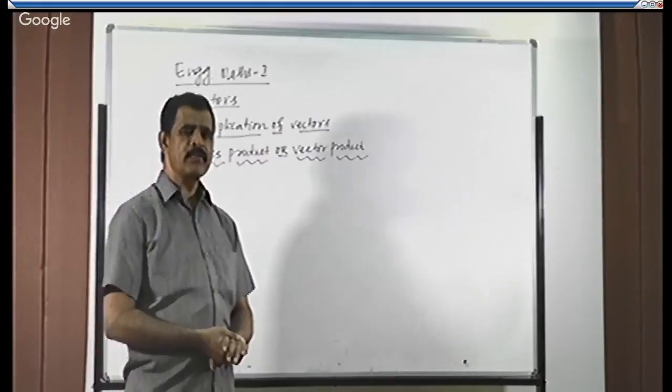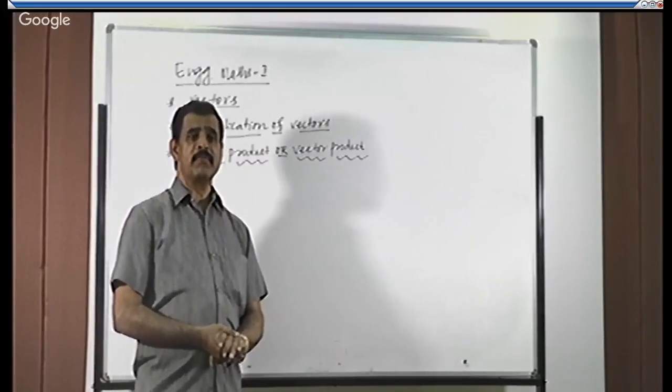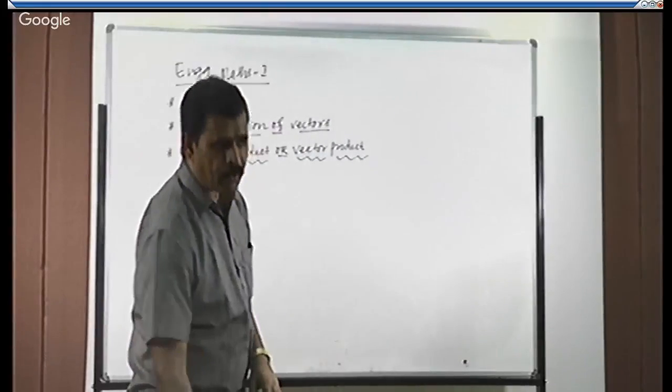In this class we shall discuss another type of multiplication of vectors, that is the cross product, or vector product.